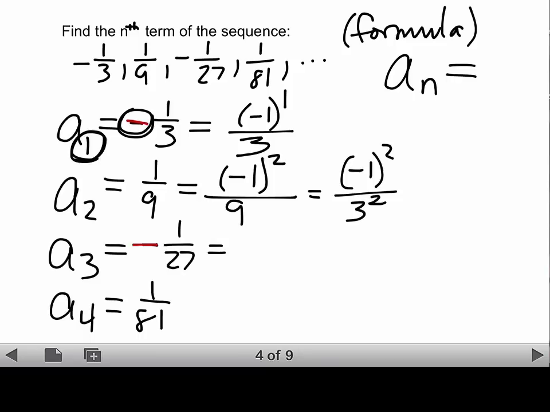The third term, negative 1/27. Well, we've got that odd numerator. We might be tempted to write down it's negative 1 to the first power, but remember that whatever's changing has to change in the same way each time. In other words, for the first term I have an exponent on that negative 1 of 1.